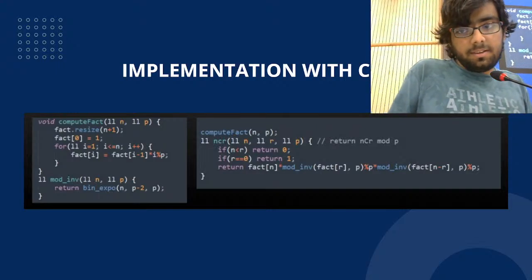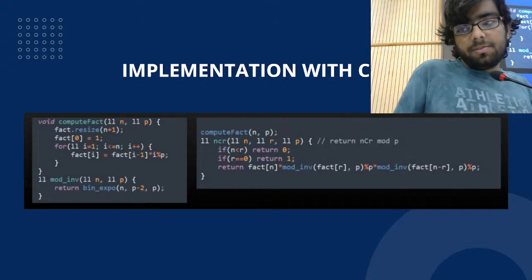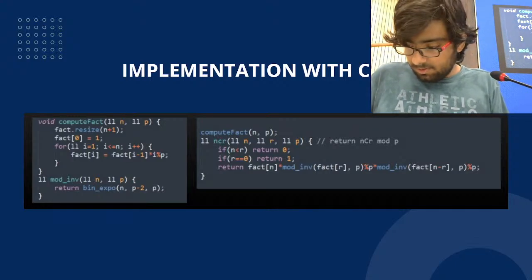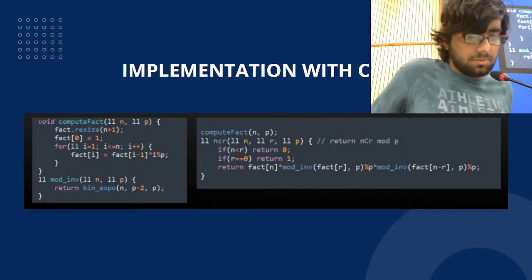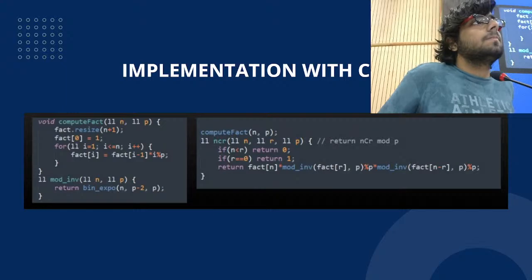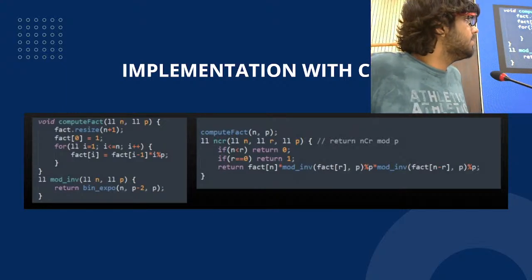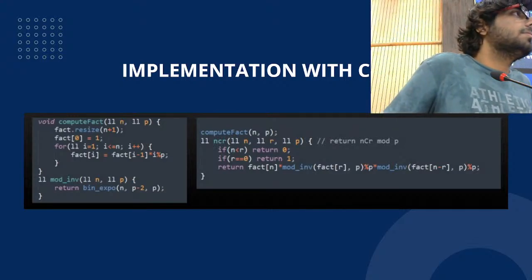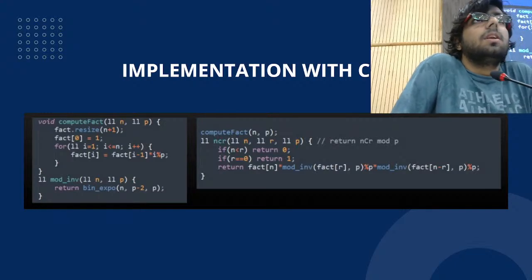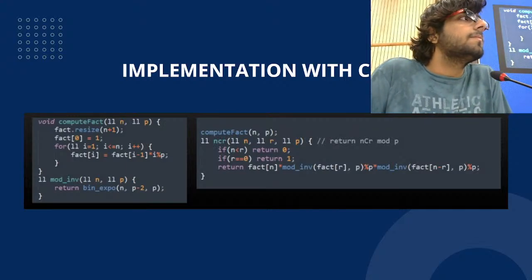And nCr is just returning factorial n into modulo inverse factorial r into modulo inverse factorial n minus r. So कोई डाउट तो नहीं है ना इस कोड में? कोई डाउट है तो पूछ लो. टिल नाउ अब तक जो पढ़ा है उसमें भी कोई डाउट हो, पीछे का भी कोई टॉपिक ना समझ आया हो, बता दो.